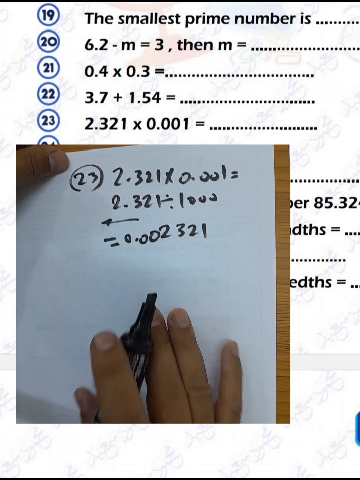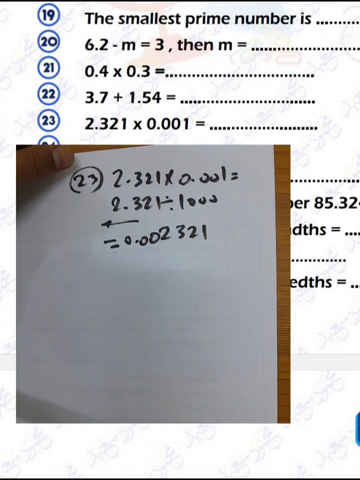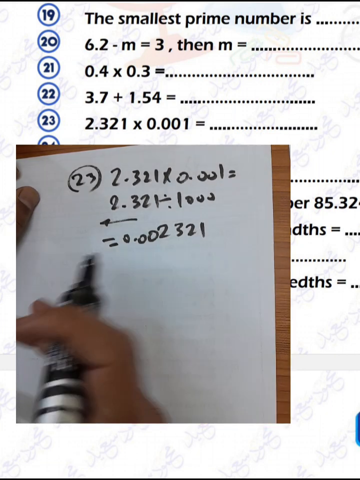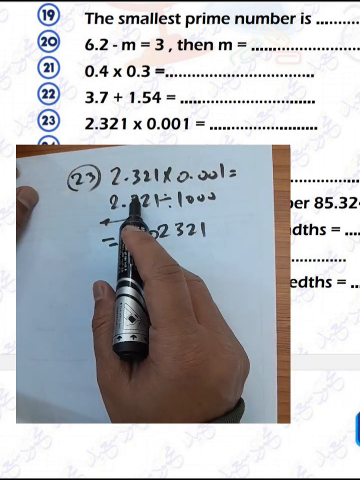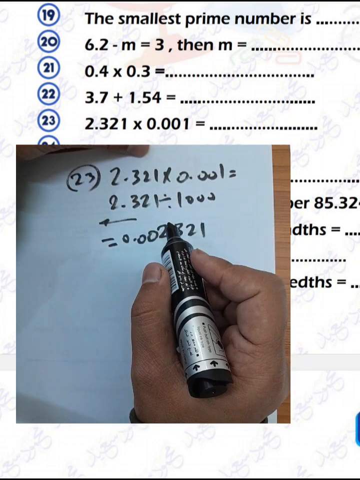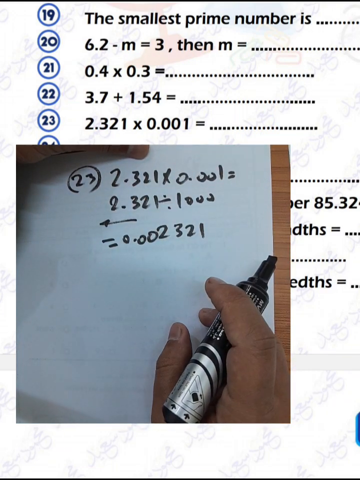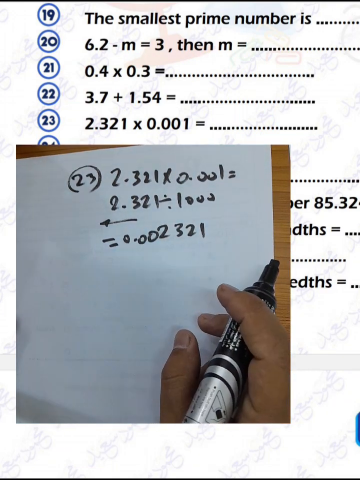Multiplication by this number means divided by 1000, so you must move the point to the left by the places here. Okay, question 23, understood? Multiplication by this number, we must move the point to the left by 3 places because its meaning here is divided by 1000. But multiplication by 1000, you must move the point to the right by 3 places. Understood?